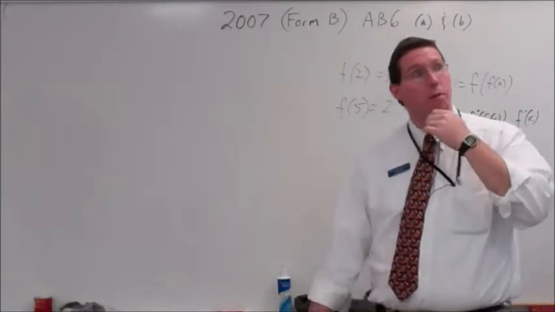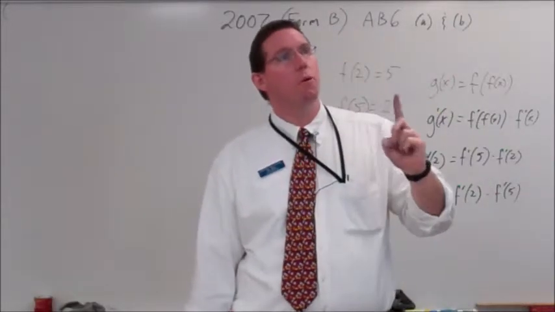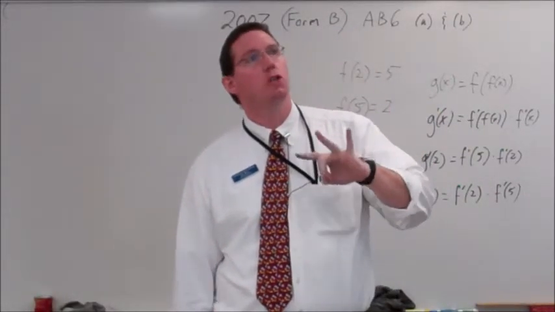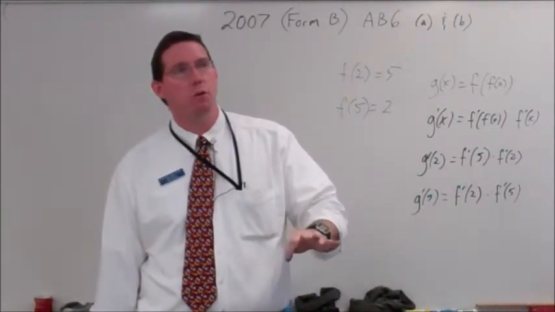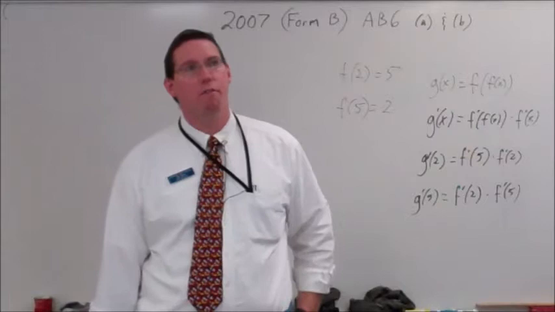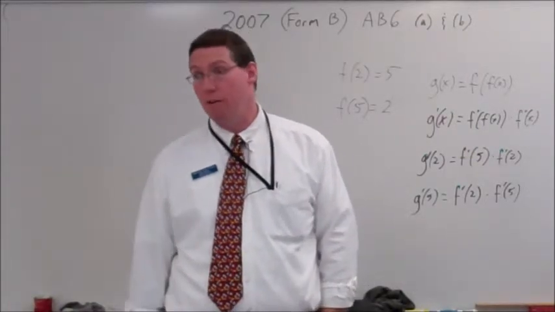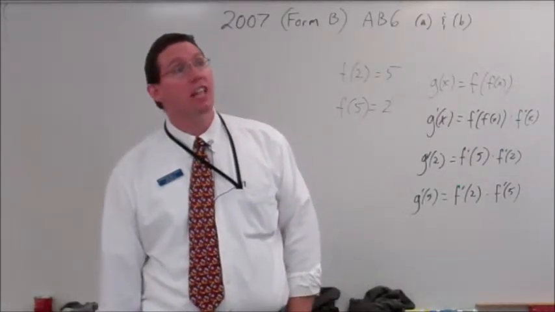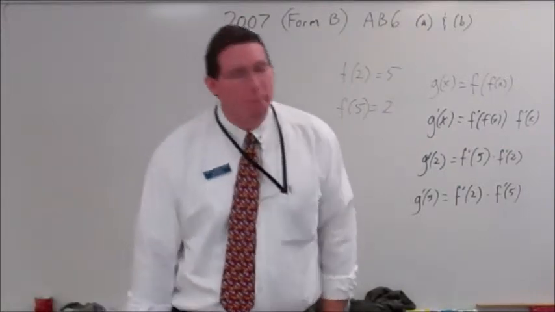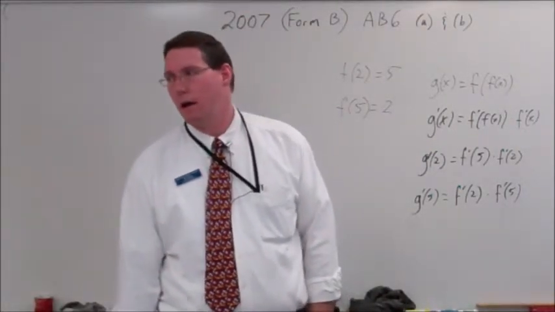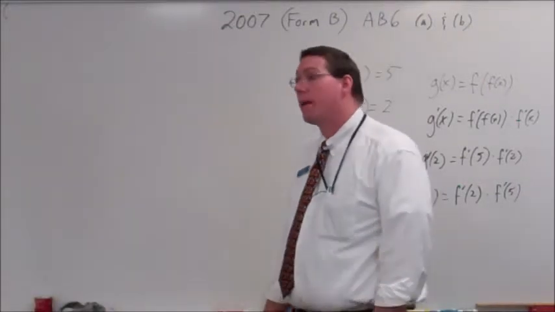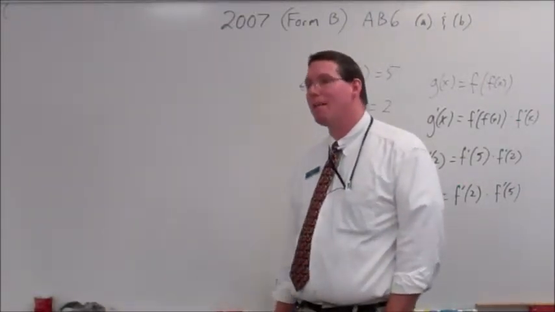Now, the second part says, use this result to explain why there must be a value k on the open interval from 2 to 5 such that g double prime of k is equal to 0. Not intermediate, mean value theorem.